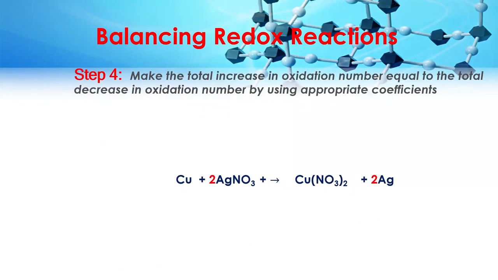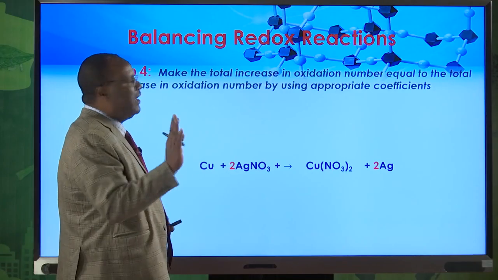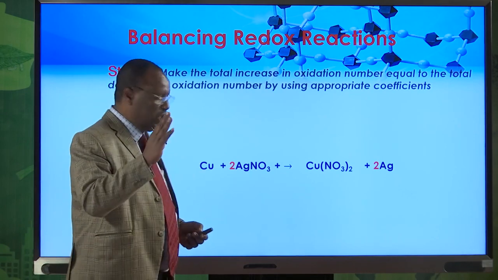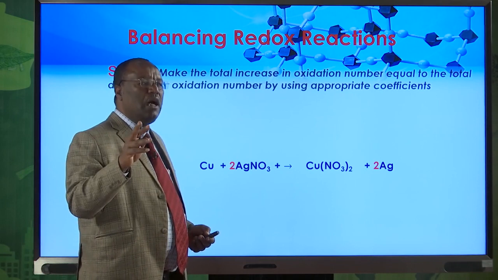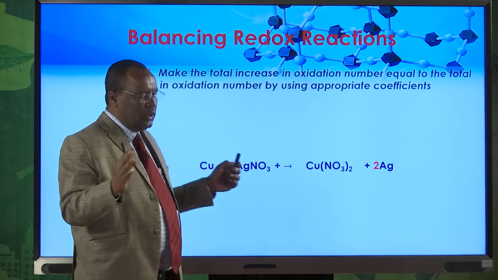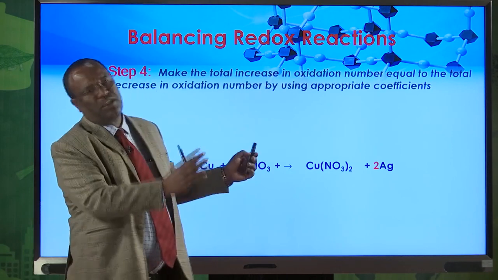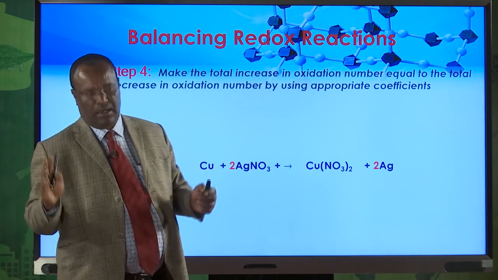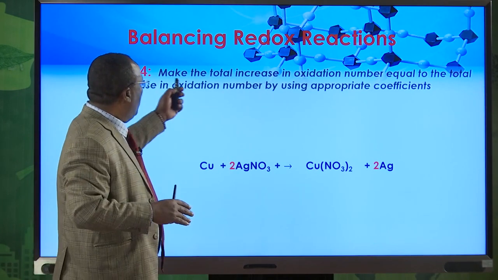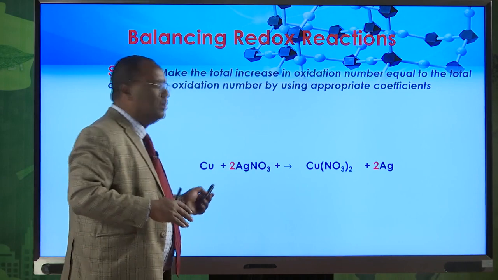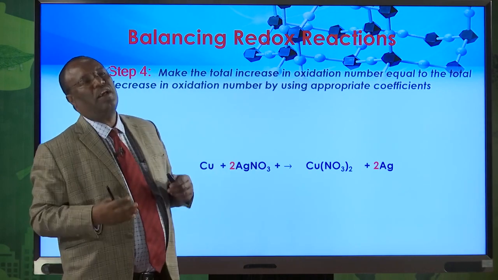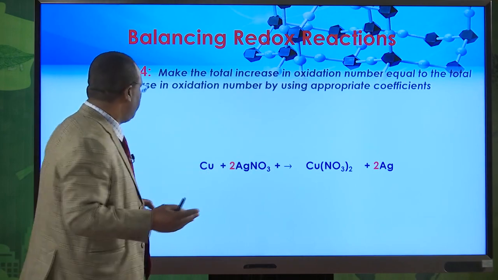The next step: we are trying to make the total increase in the oxidation number equal to the total decrease in the oxidation number using the appropriate coefficients. As you know, the total number of electrons lost must be equal to the total number of electrons gained in chemical equations. So we are going to balance the number of electrons gained and the number of electrons lost on both sides of the equation.